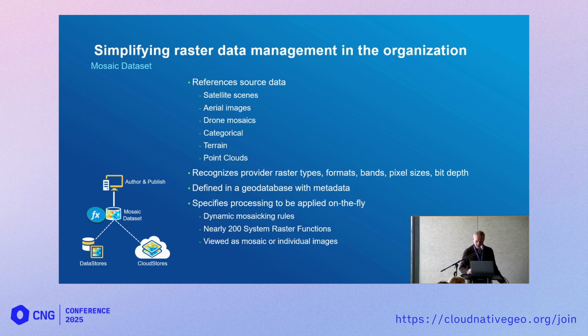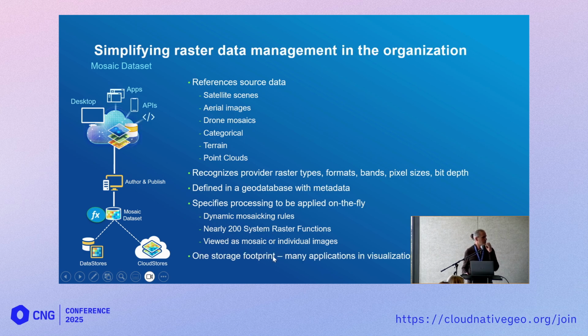We also get to supply instructions about how to render. So these raster functions are super powerful. They allow us to use a library of system raster functions and to control how that rendering happens with one storage footprint. From the cloud, many different renderings.